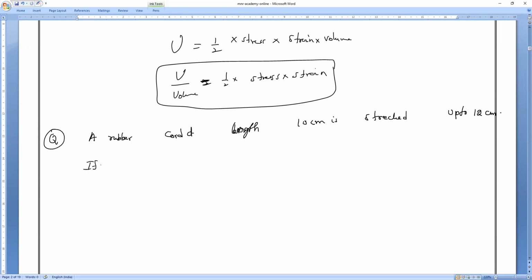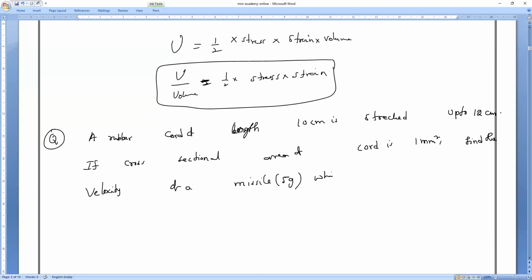If the cross-sectional area of the cord is 1 millimeter square, find the velocity of a missile whose mass is 5 gram, which is hit with this rubber cord.